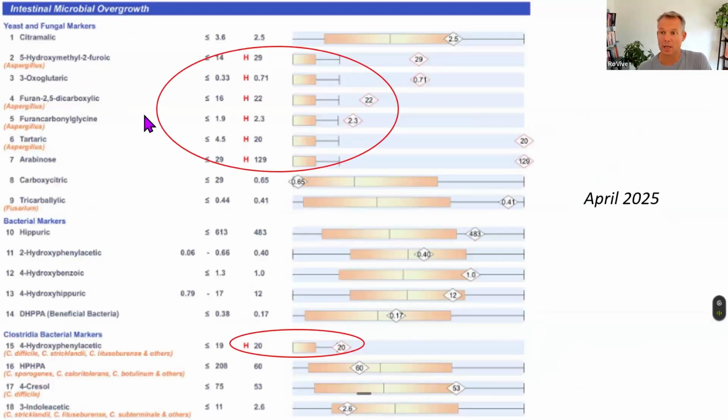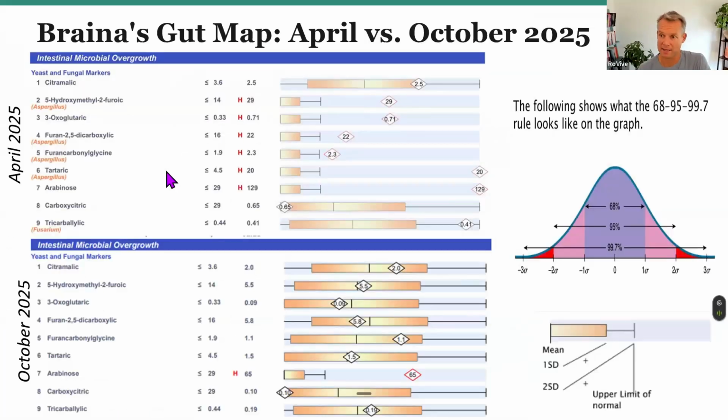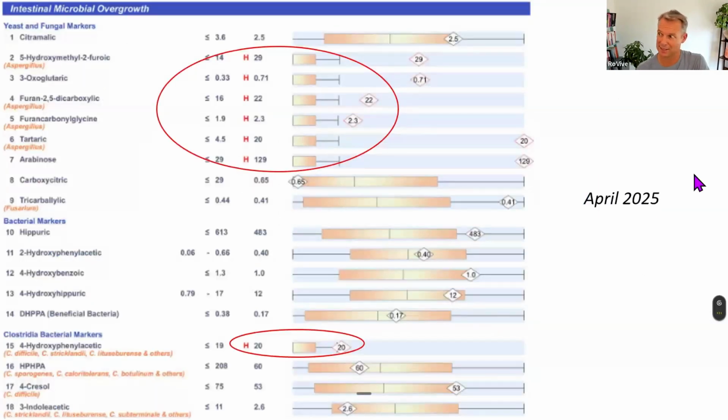This is just a close-up. So let me go back to that slide I was just on. To make it a little bit more clear, I just took the first nine markers from this April test to demonstrate here, but I'm going to zoom out a little bit just on this April test. So this is just the April test, April 2025.